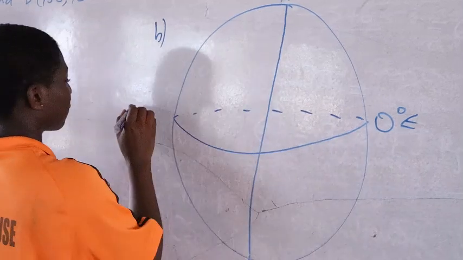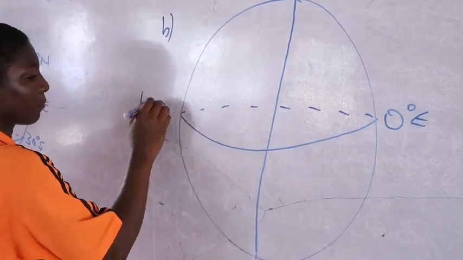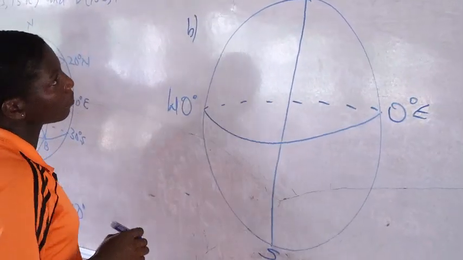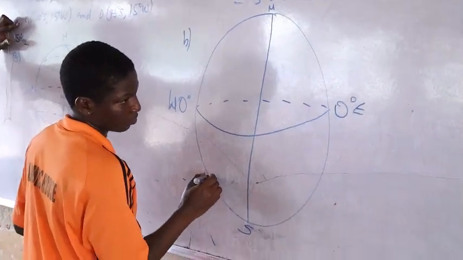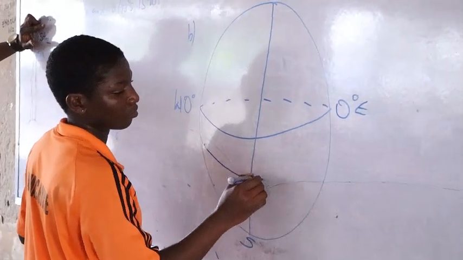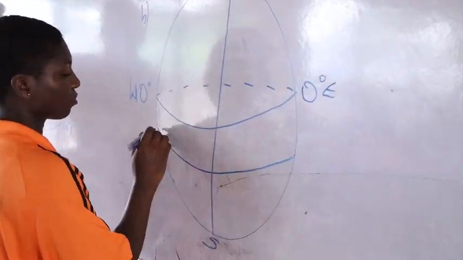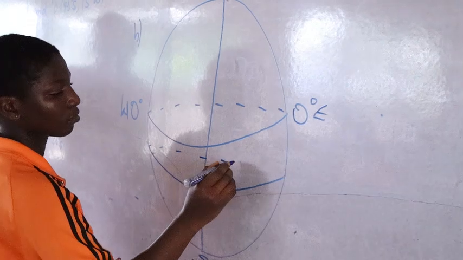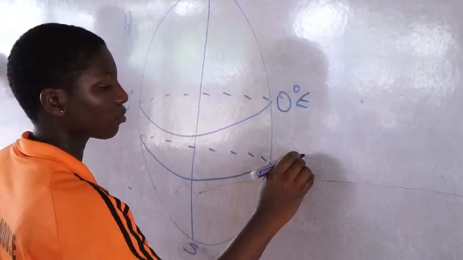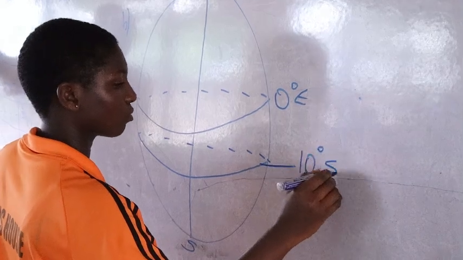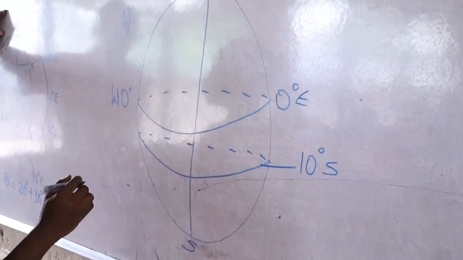So I believe you all know the reason why we always put dot there. You cannot see the line at the back. I mean, are you with me now? So that's the reason for putting the dot. 15 west.